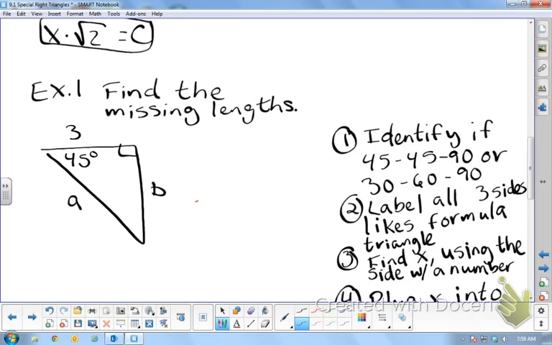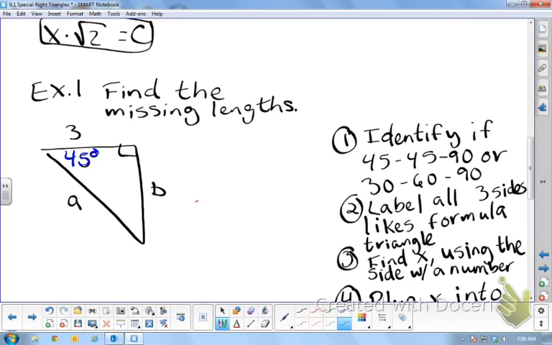Okay. Liam, why did you say 45? 45-degree angle. Okay. Looking at the angles inside, one of them is 45 degrees. To identify, you're going to look at the angles inside. So we're not just picking it random. We're not even looking at the shape of the triangle to decide. Maybe mine doesn't look exactly like the two sides match, but that's because I'm not that great of an artist.